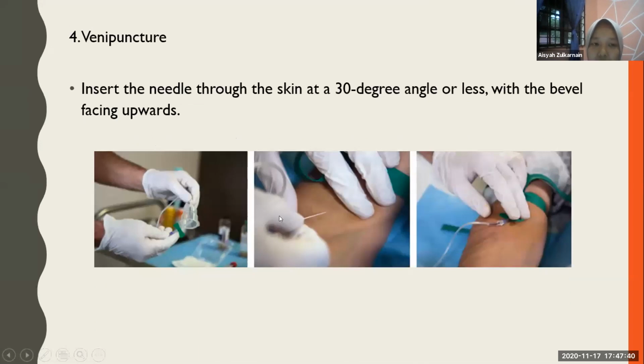And then we will insert the needle through the skin at a 30 degree angle or less, with the bevel facing upwards.